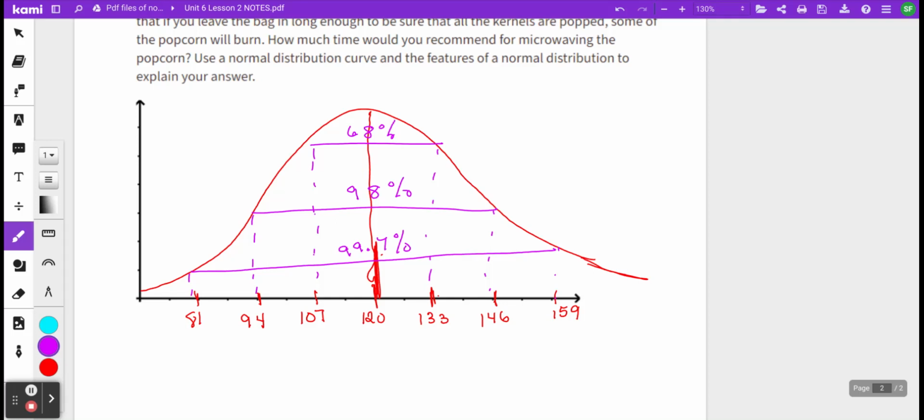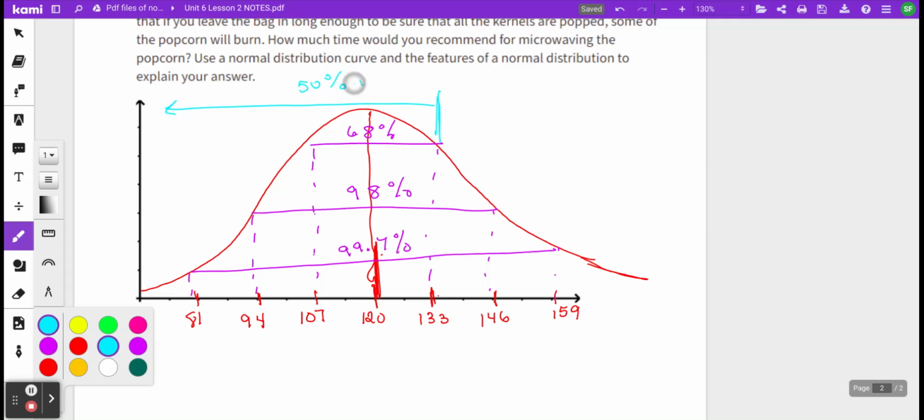If you chose 133, you're going to be better than all of that. So that's 50% plus the 34%.